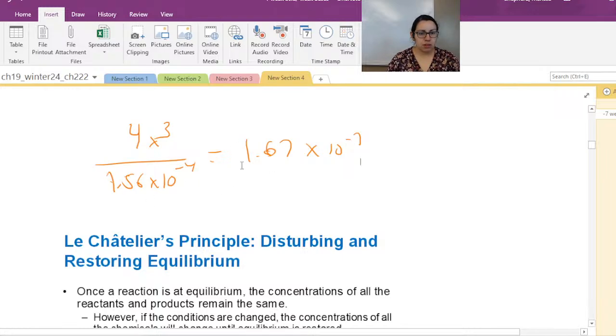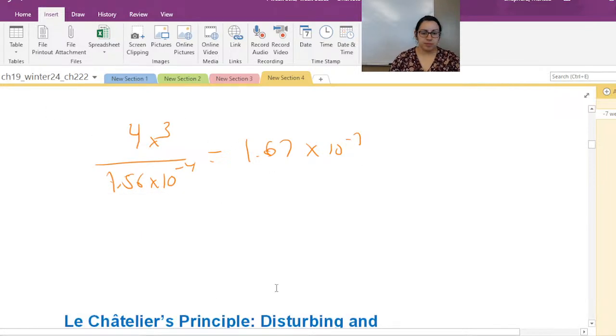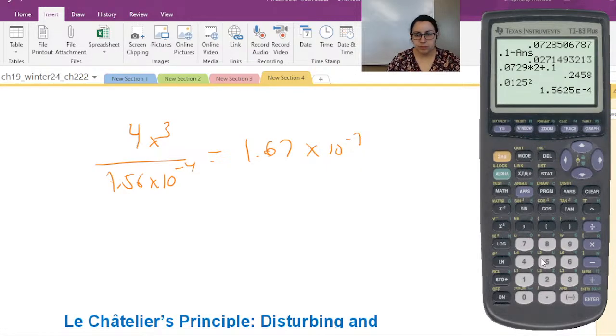And so now let's just do algebra, get rid of this. And you guys can let me know what you get as well. And then divide it by 4.